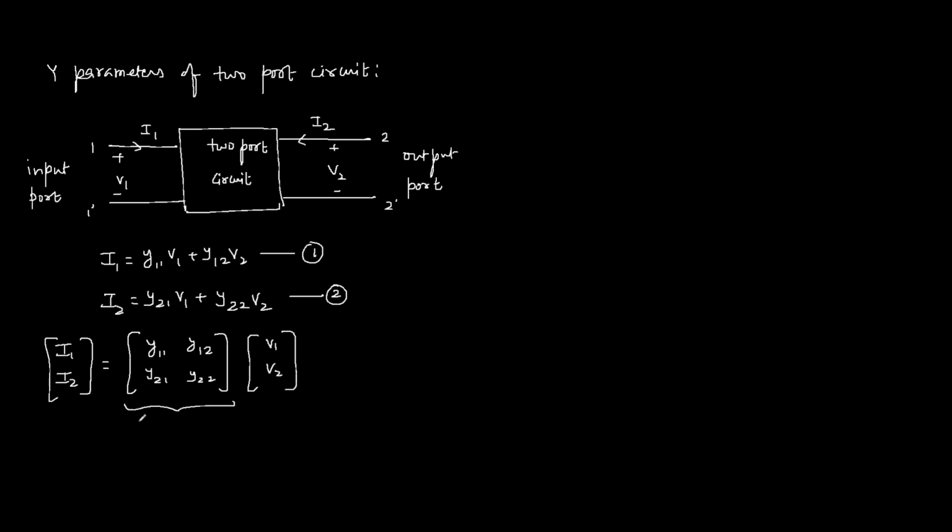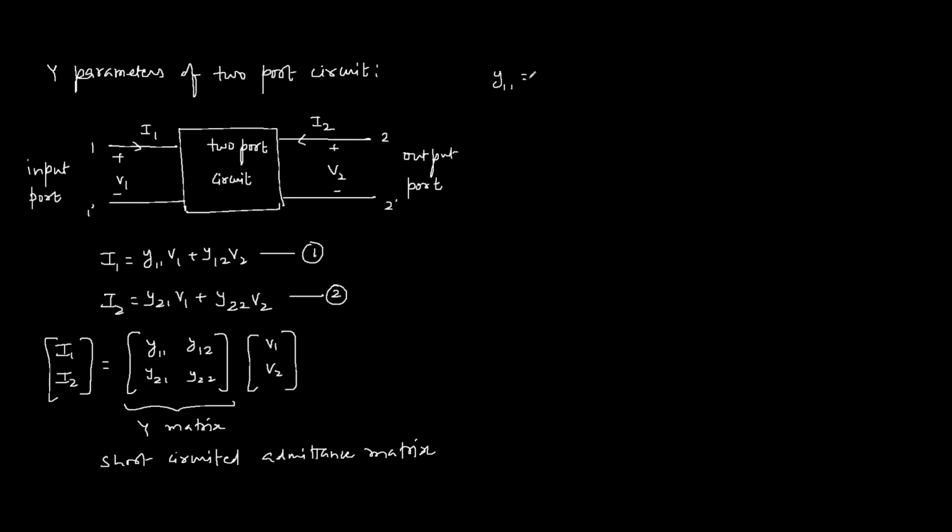This matrix is called Y matrix. It is also called short circuited admittance matrix because the Y parameter is also called short circuited admittance parameter.